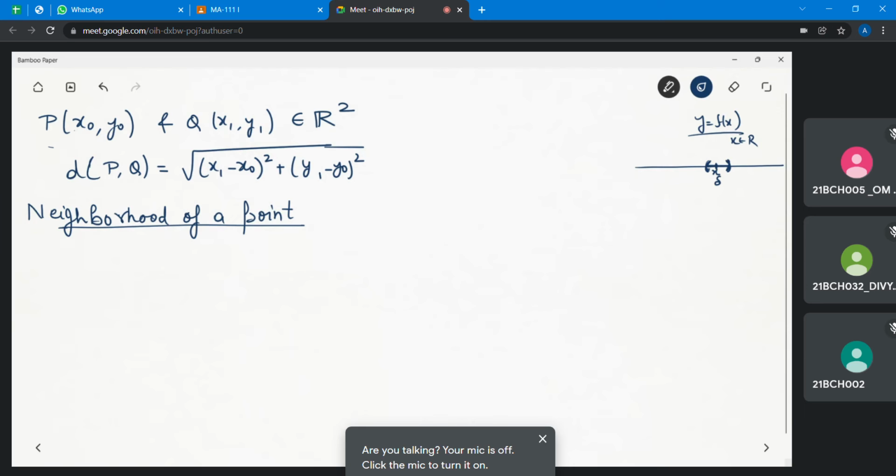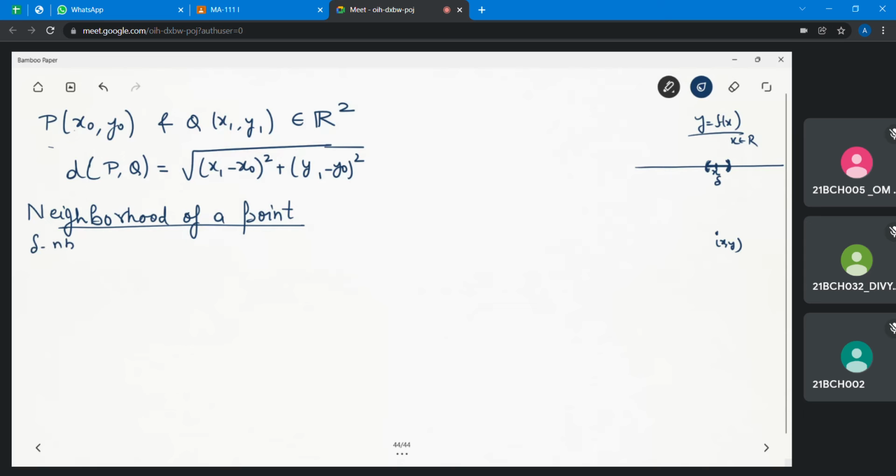Similarly, what will be the neighborhood of a point when you have a function of two variables, corresponding to this (x, y)? What will be the neighborhood points?